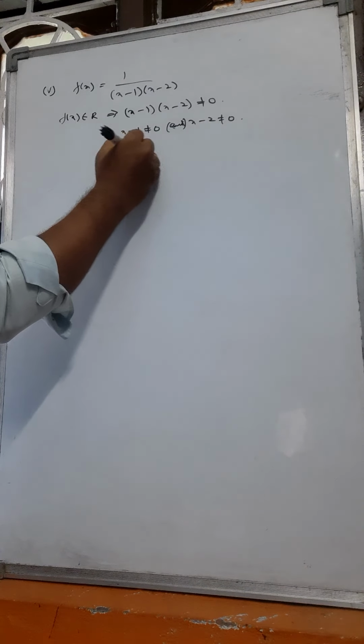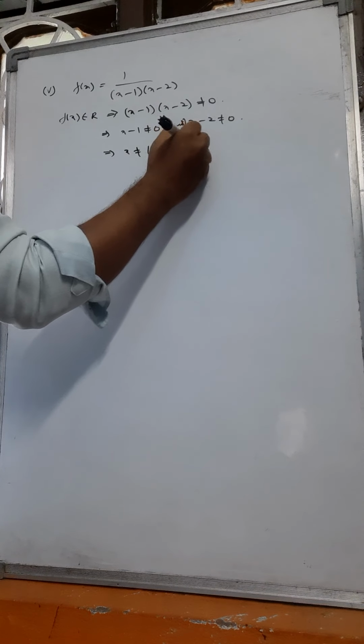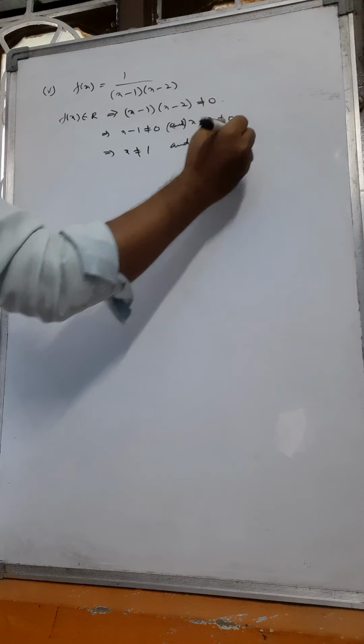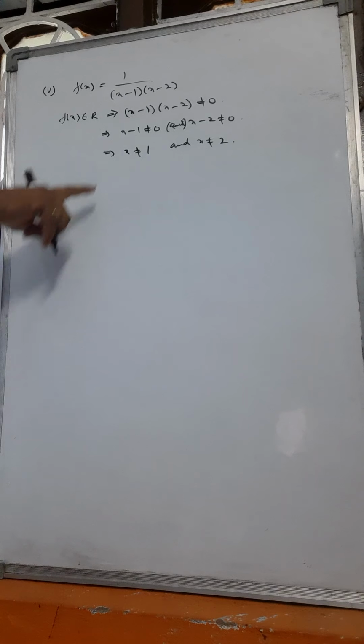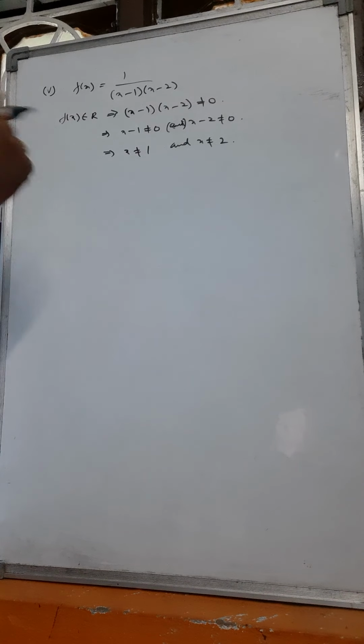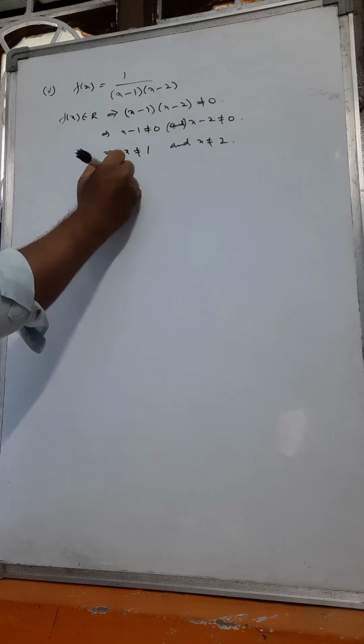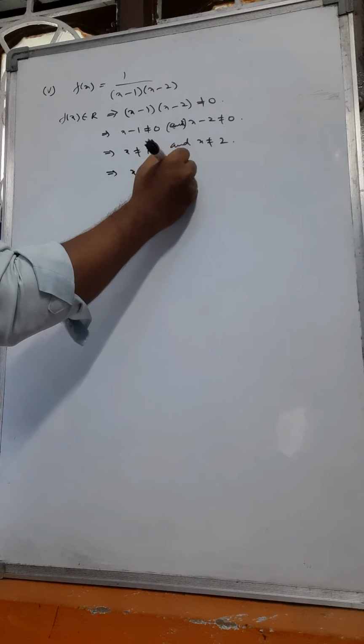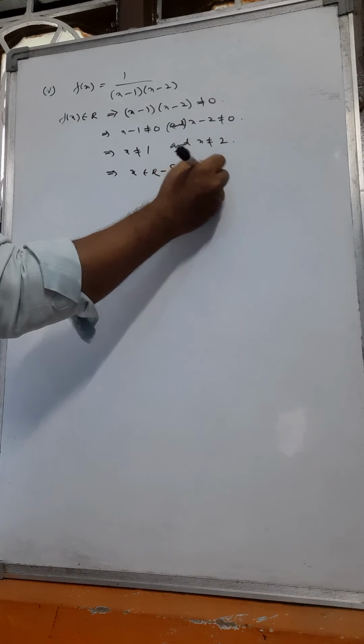From this, x is not equal to 1 and x is not equal to 2. That means except 1 and 2, all the remaining real numbers. So x belongs to capital R, and we have to eliminate these two, 1 comma 2.